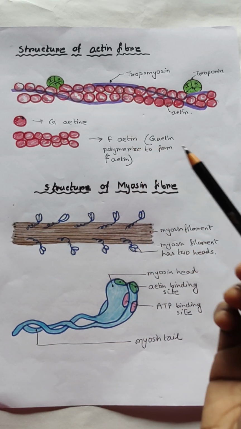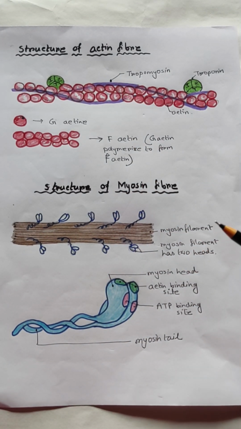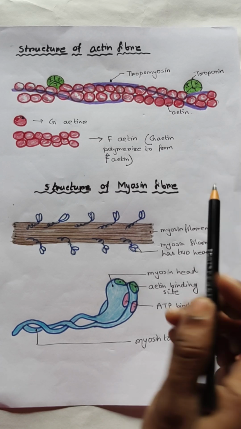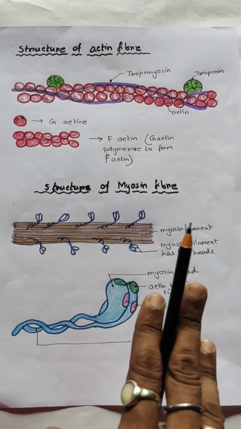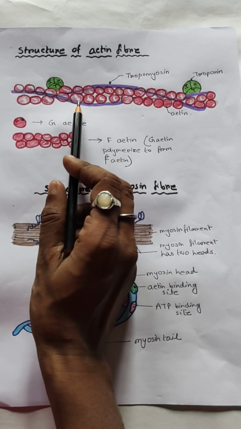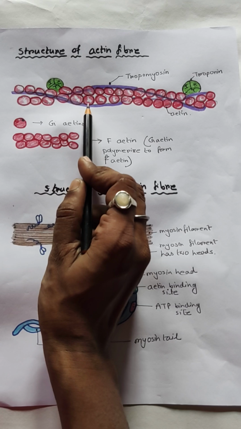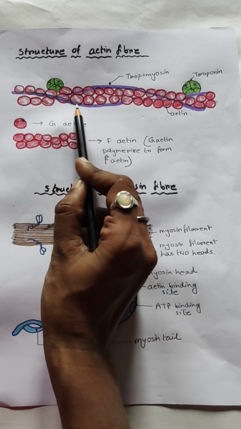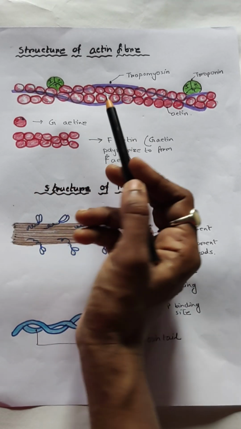It lies in the groove of the F-actin in such a way that each tropomyosin molecule covers 7 active sites of actin molecules during the relaxed state. The 7 active sites are here. These are covered by this tropomyosin in the relaxed state.